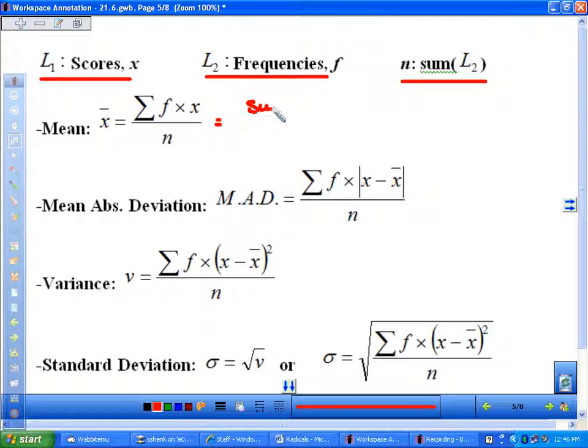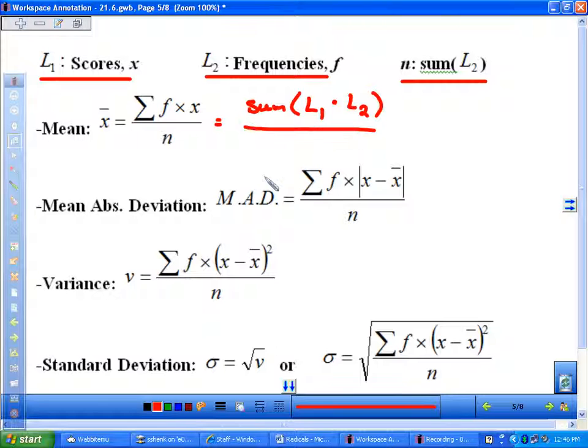Sum parentheses. X is going to get replaced with L1, times f gets replaced with L2. It's just the sum of L1 times L2.